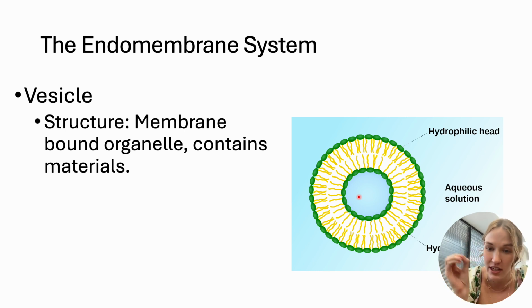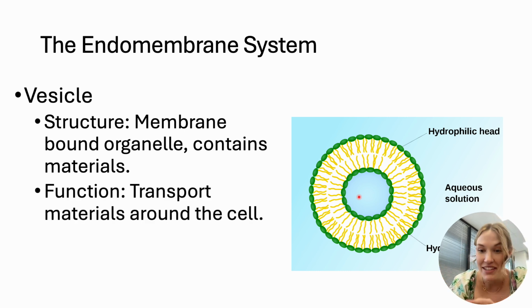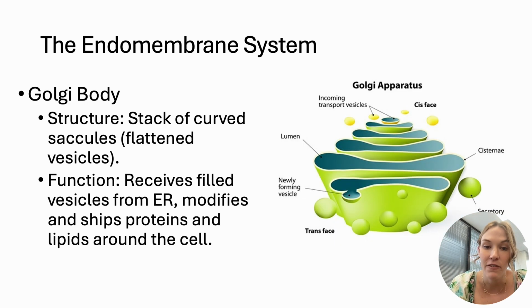So they pinch off, potentially literally pulling off membrane from the ER, containing whatever it needs to contain, and then it's going to deliver that vesicle to the Golgi first, and after that, the vesicle will travel elsewhere. But the idea here is that they are delivery vehicles. Now, they're not permanent, they go away, but they are delivery vehicles containing something in the middle, and they're going to bring it to certain organelles. So like I said, the first stop it's going to make is typically the Golgi body.